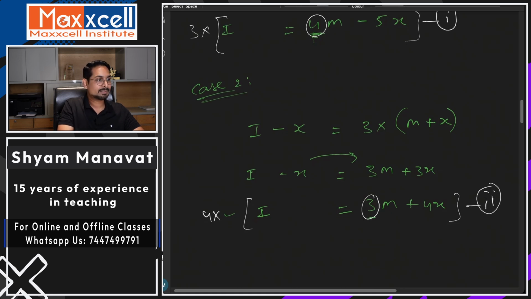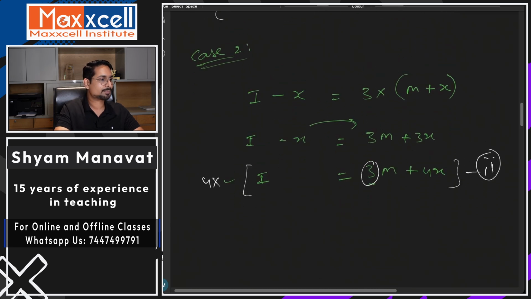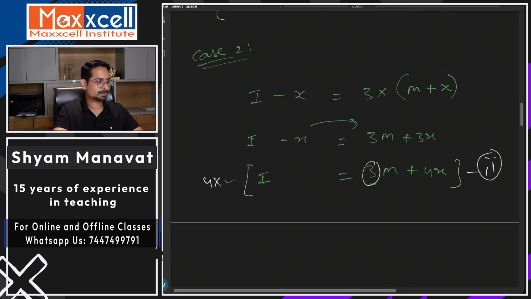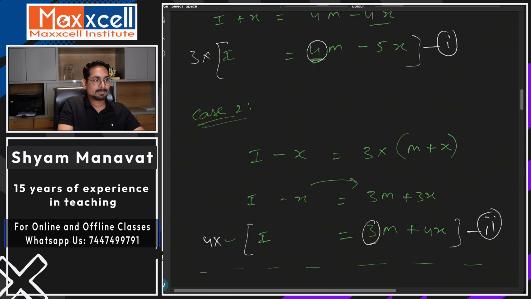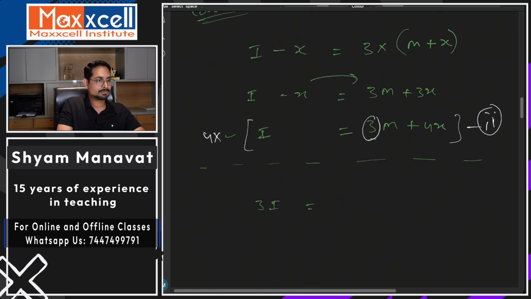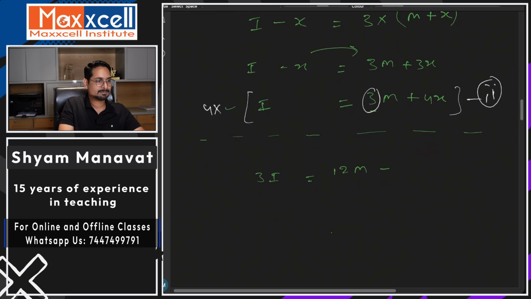Okay, then the first equation will look like what? 3I, simplify this, guys. 3I equals 3 into 4, that's 12m, minus 5 into 3 is 15x, correct?